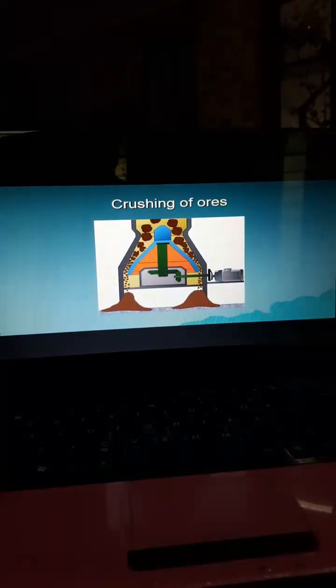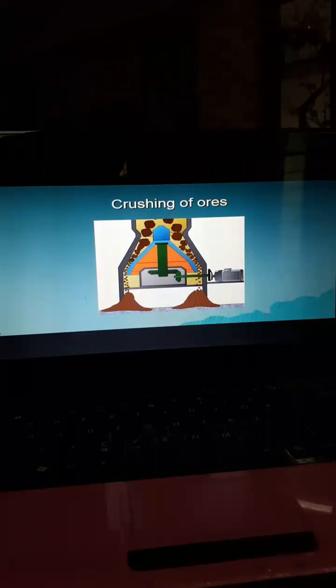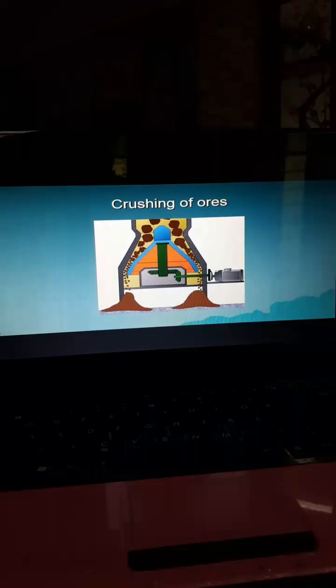So if you want to collect the ore as a smaller one, you can see another one. We have to make it powder, like this. So this is the clear process of crushing ore. When it converts into a smaller one, then it will be easiest to extract the metal from its ore.